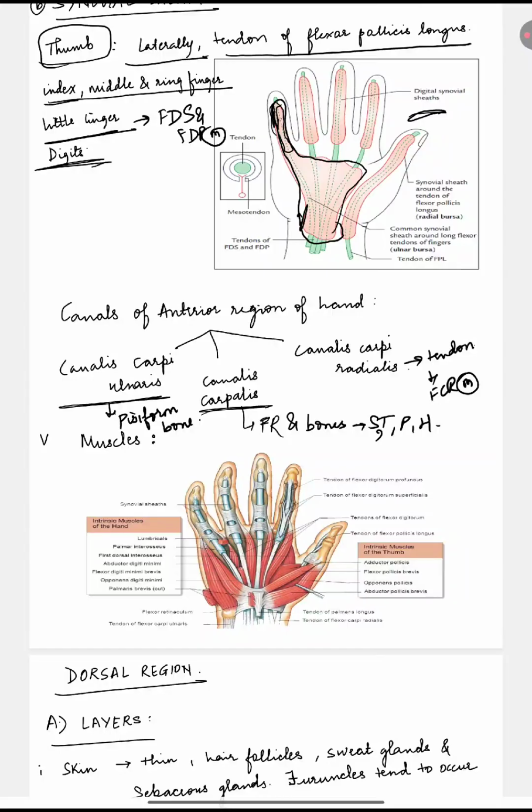Now next are the intrinsic muscles of the hand and intrinsic muscles of the thumb.